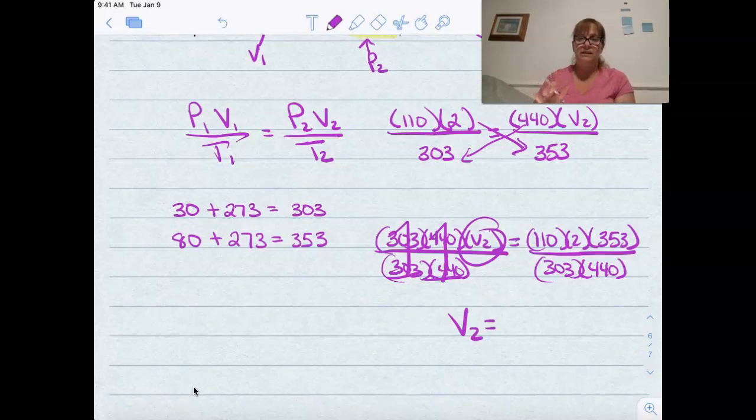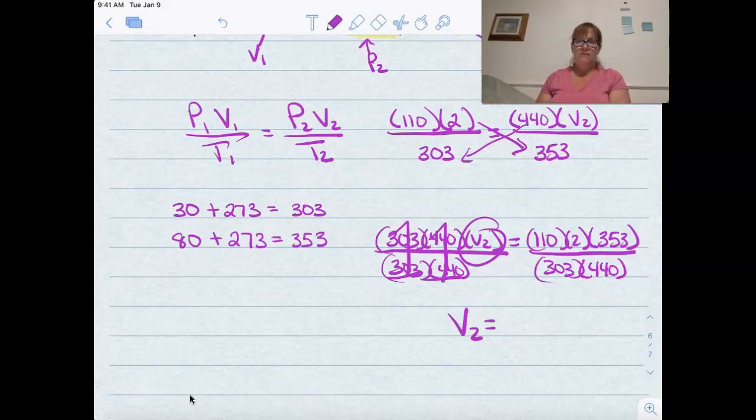Now, when I plug this into my calculator, I'm going to multiply all the way across the numerator, 110 times 2 times 353. But then I'm going to divide by 303 and then divide by 440. You've got to make sure you divide, not multiply by 440.